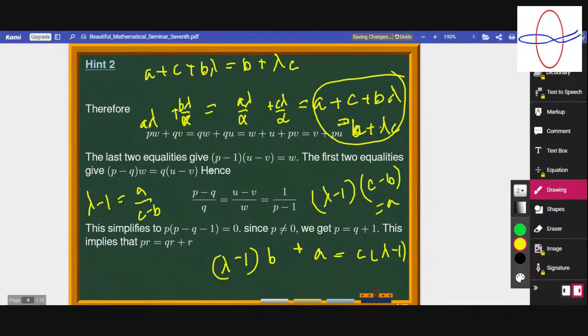And similarly, we are getting from here is that lambda minus alpha by alpha will be equal to C minus B by A. Does that make sense?